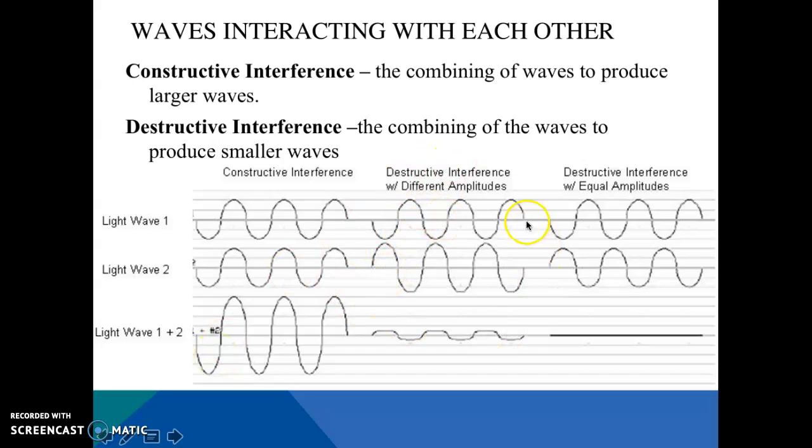Versus this is destructive interference. We have waves going the opposite directions. So this is going down in amplitude, this is going up, and it is destructive, getting smaller overall. And then this is another example of destructive, but these waves are exactly the same, equal amplitudes. So thus, we are left with nothing.